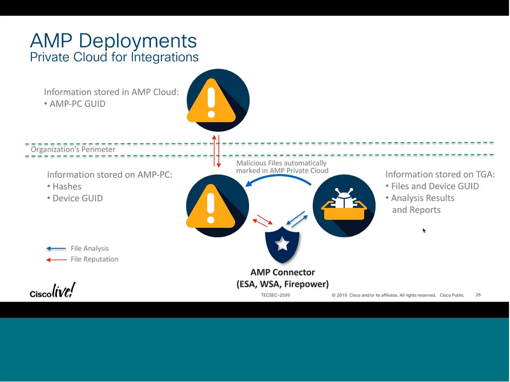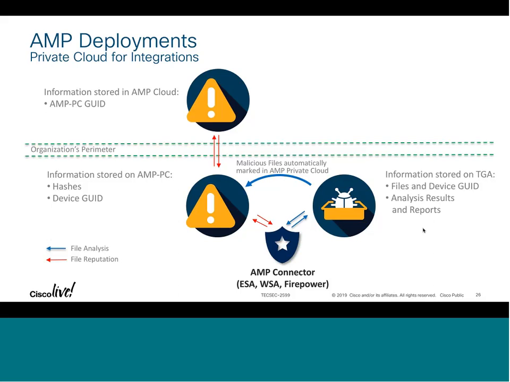Notice that the actual conversation is the same. The AMP connector does the lookup to the cloud, which in this case is the private cloud. Again, if policy dictates that we send it to ThreatGrid for analysis, that happens on premise using the ThreatGrid appliance.